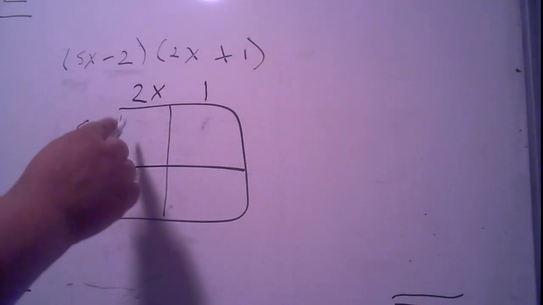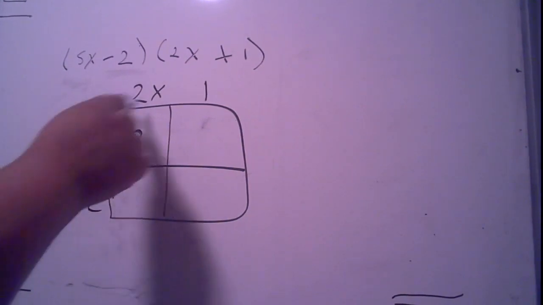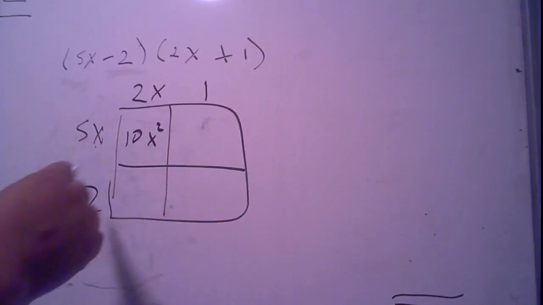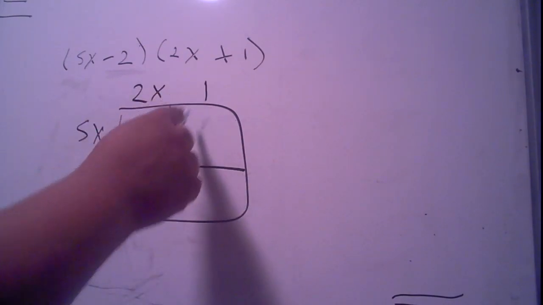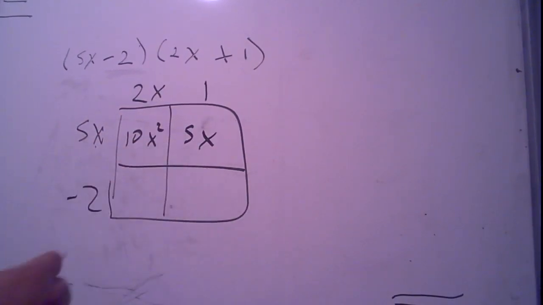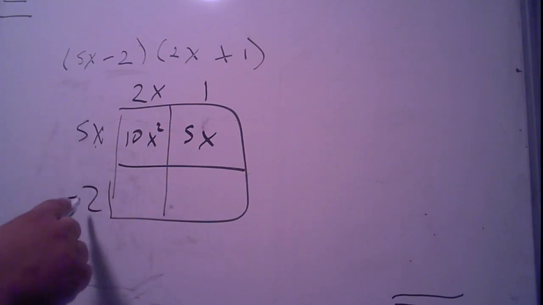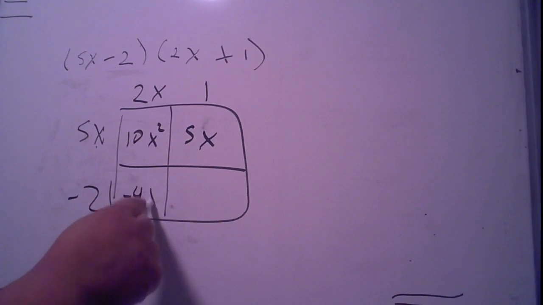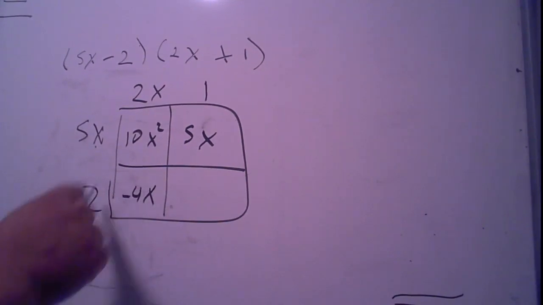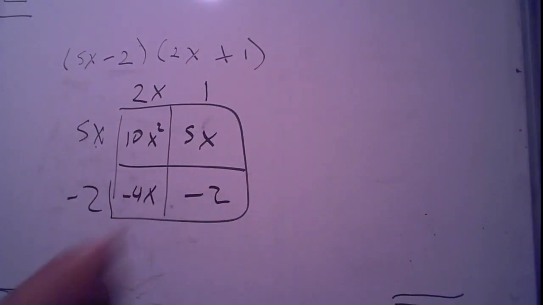So 5 times 2 is 10. x times x is x squared. Then 5 times 1 is 5x. And then negative 2 times 2x is negative 4x. And then negative 2 times 1 is negative 2.